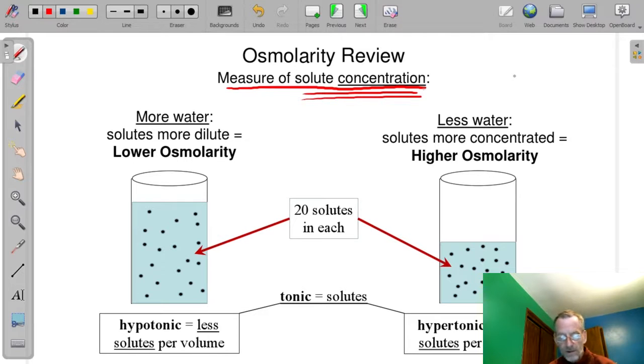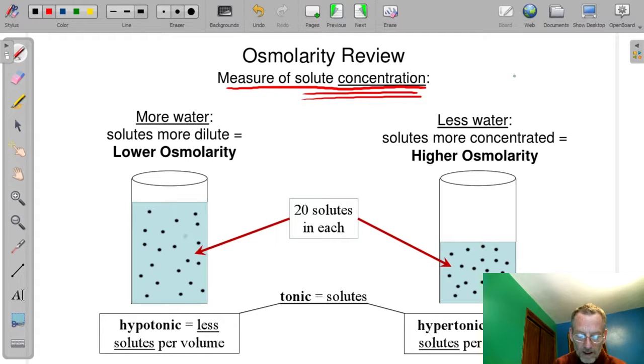I drew two beakers, one on the left, one on the right. The one on the left obviously has more fluid in it. The one on the right obviously has less fluid. And I put 20 little dots, 20 little solute molecules in each. And you can count them up. There should be 20 in each.